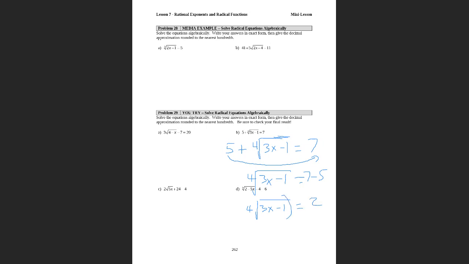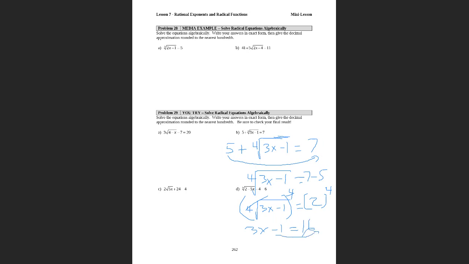Because I have a fourth root, I put a 4 here, then that allows me, remember you do it on the other side. This will cancel that, the fourth root goes away. 3x minus 1 is equal to 2 to the power 4. If you don't know that, you put it in a calculator. 2 times 2 is 4, times 2 is 8, times 2 is 16.